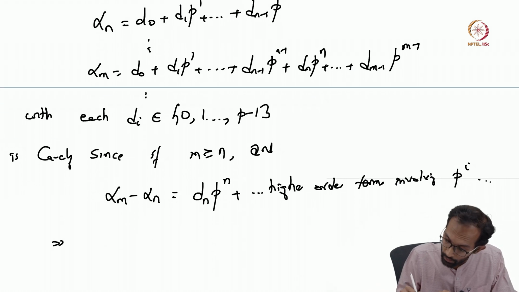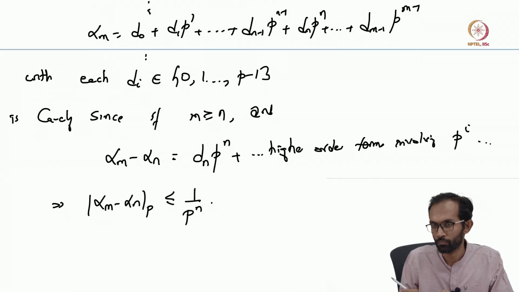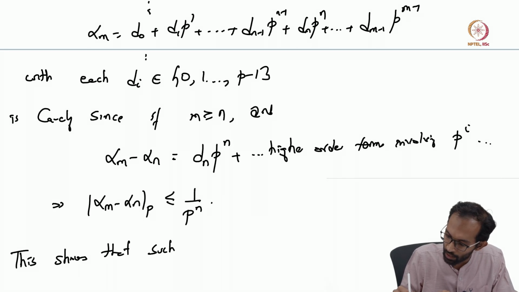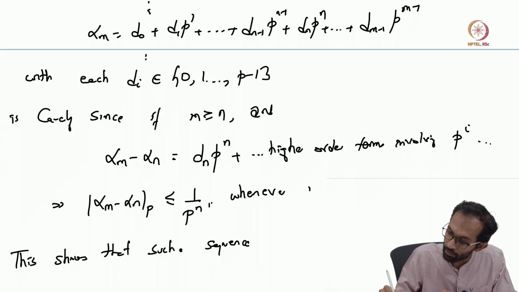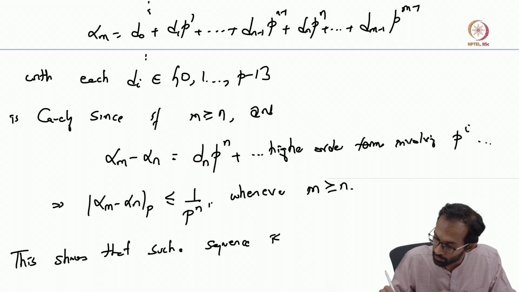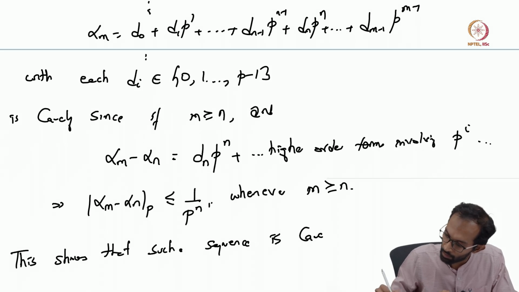And so in particular, if you take the p-adic absolute value of the difference, this is less than or equal to 1 over p to the n. Okay, and so the above inequality is true whenever m is larger than or equal to n, and so this shows that the sequence above is Cauchy with respect to the p-adic absolute value.